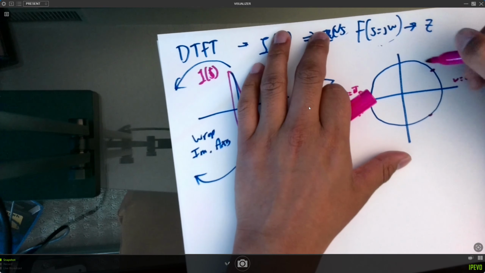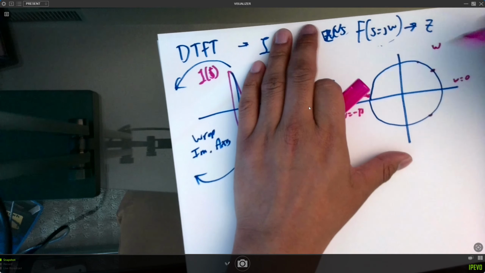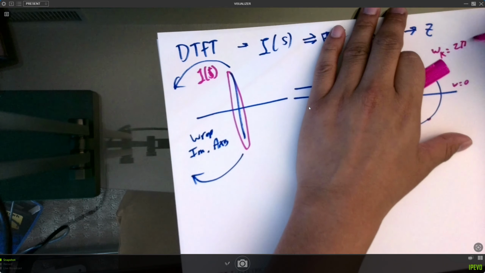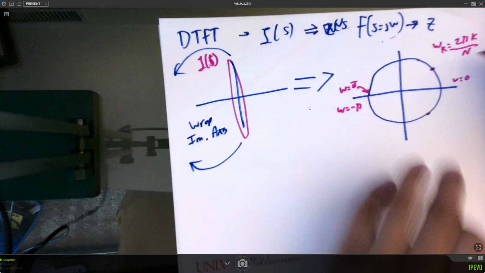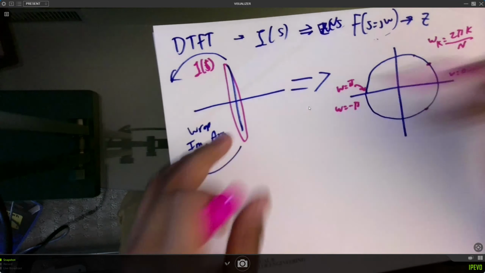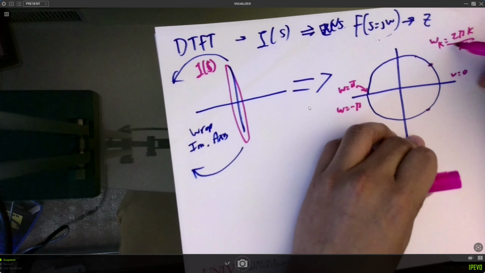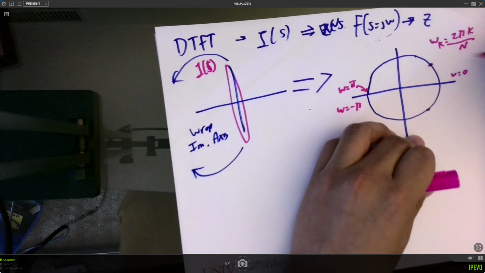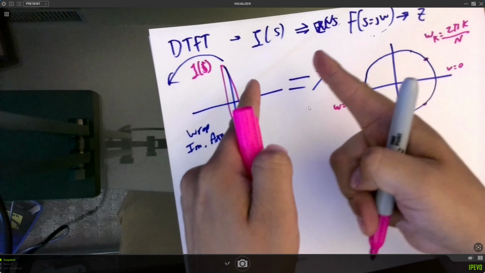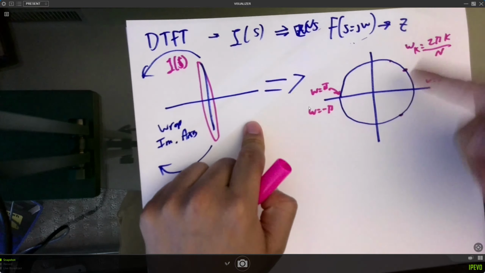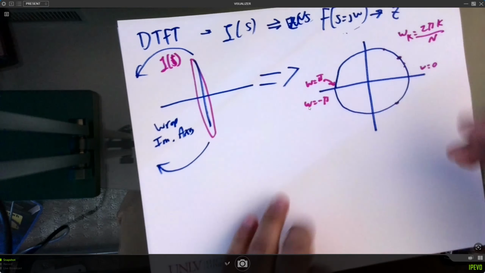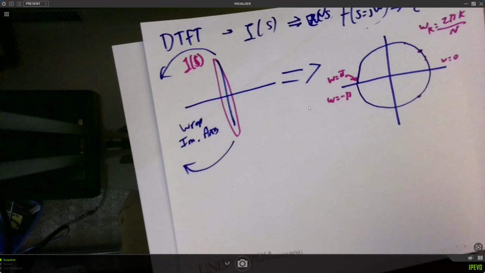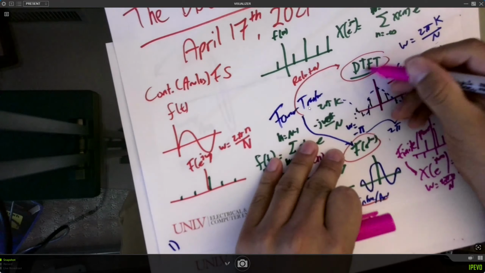So if I were to put random points on this circle, where omega k is going to equal 2 pi k over n. So if you increase n, if you increase the number of samples, therefore this term gets big, this entire term gets small, the precision gets smaller, which means you get more points, and that's exactly what I'm trying to get to you with the discrete time Fourier transform.